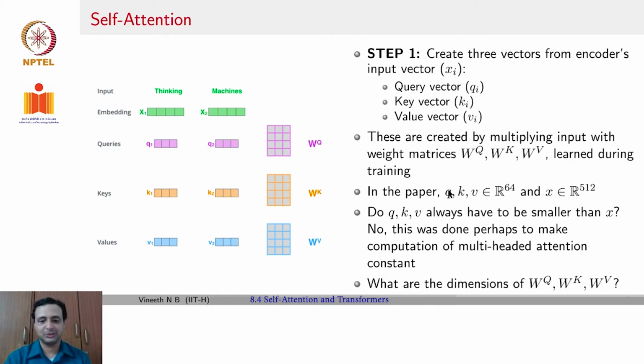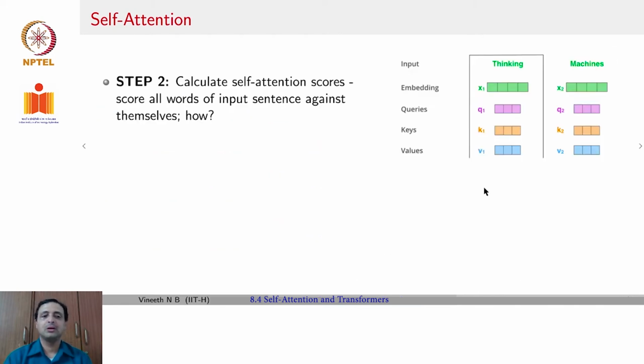We'll see this very soon. What are the dimensions of WQ, WK, WV? You should be able to get that from X and QKV. You would have 512 cross 64. Those are the weights that are learned while you train the transformer end to end.